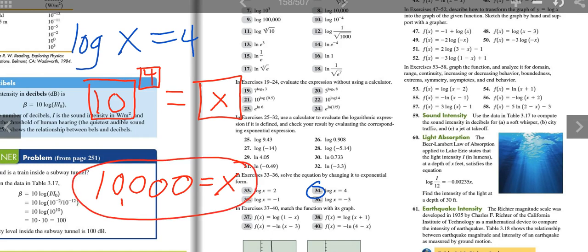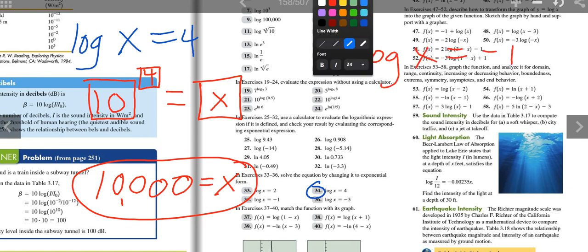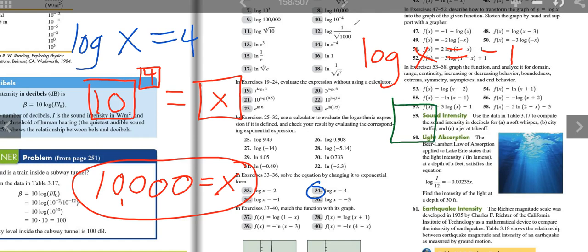35? Sure thing. Question 35 said log x equals -1. Now if we go through the same process we just did, something to the something power equals something, it would be 10 to the what? What's the exponent? -1, right?